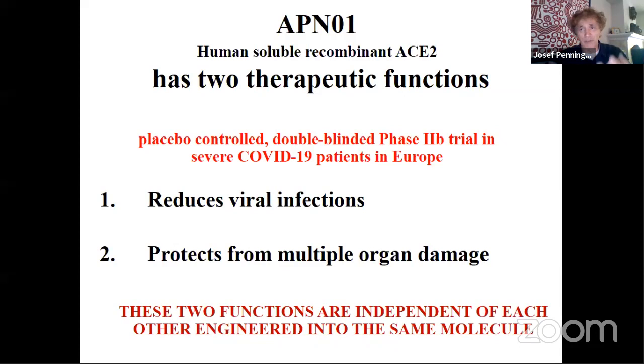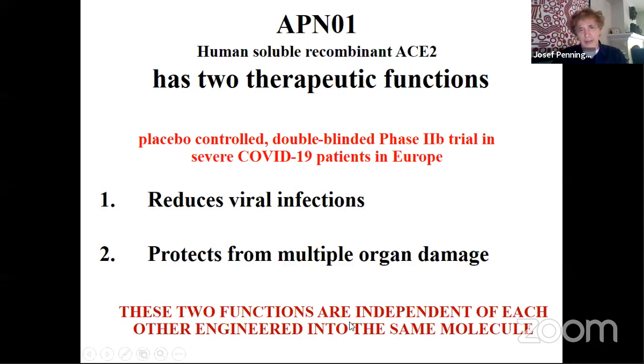Of course, ACE inhibitors are used all over the place for controlling cardiovascular diseases and diabetic nephropathies. And basically every time we knock out ACE2, these diseases get worse, and every time we replace ACE2 with an enzyme, we can make it better.